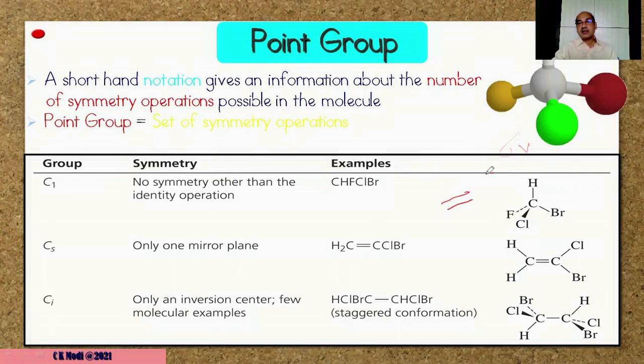Therefore we can say that it is C2v, which is symbolized by C2v. So that point group is called C2v. Okay. Now look at some examples.